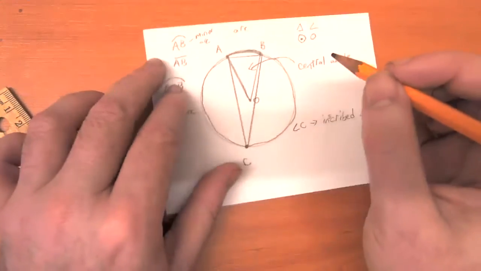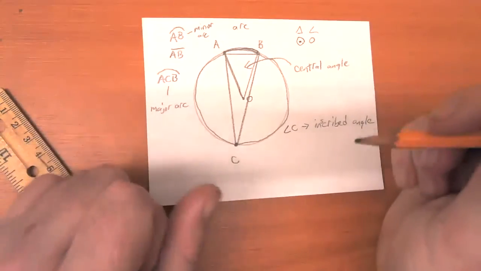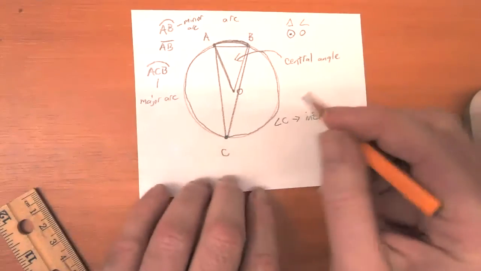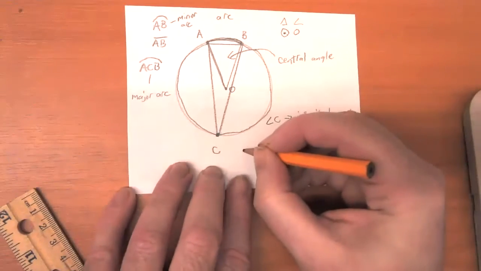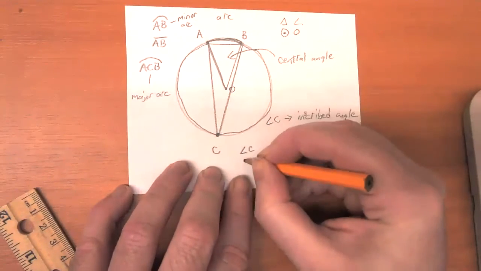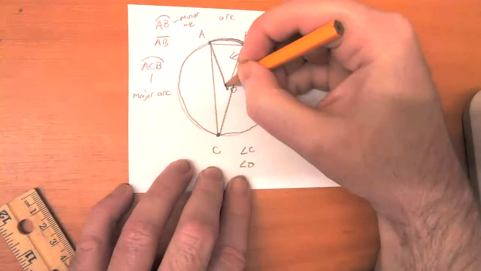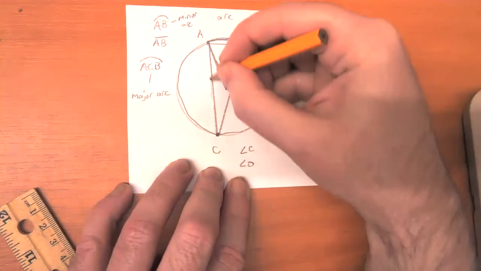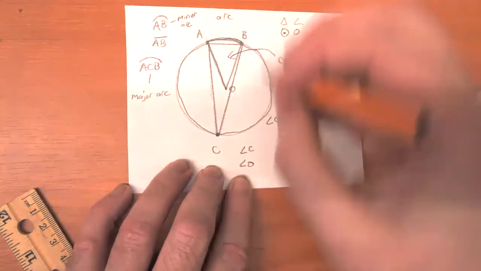If you're ever confused by the notation of something, always assume that it's the smaller arc, the minor arc. All right, and there's one extra piece of vocabulary that's going to come up. We can talk about angle C and angle O. Notice that both of these angles have A and B as their endpoints.